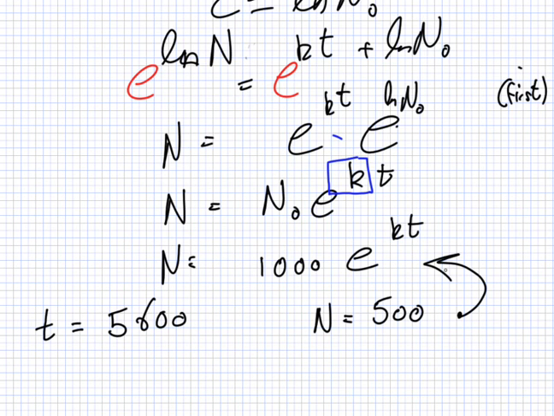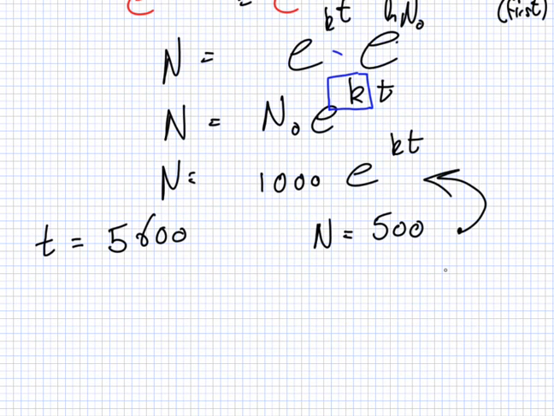If I put that in, this is exactly like what you did in semester 1, when we did practical problems for exponentials and logs. So this is 500 equals 1,000 e power 5,600 k.